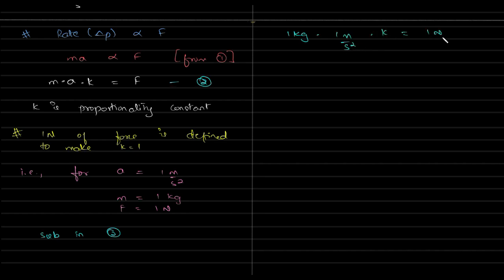When we solve all of this, 1 into 1 is 1. So k is equal to 1. That's it. Therefore k is equal to 1.